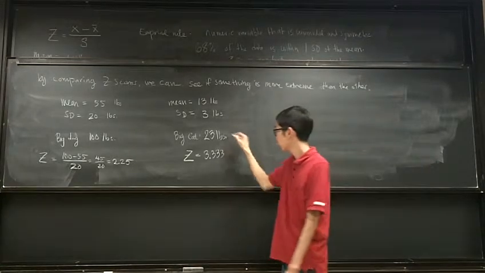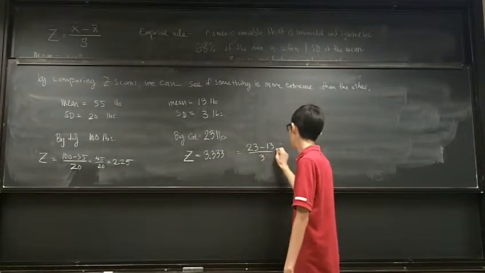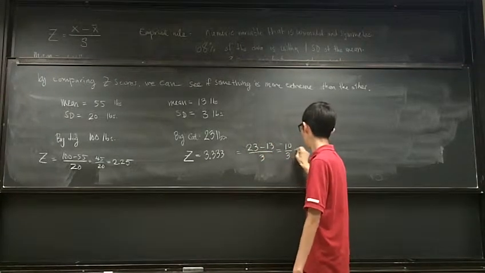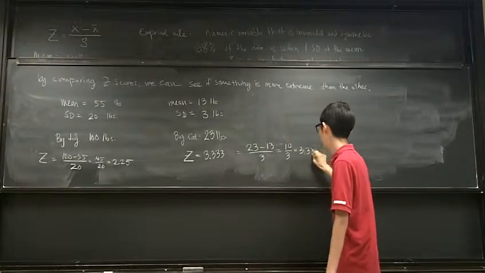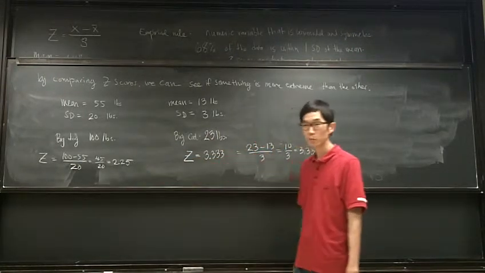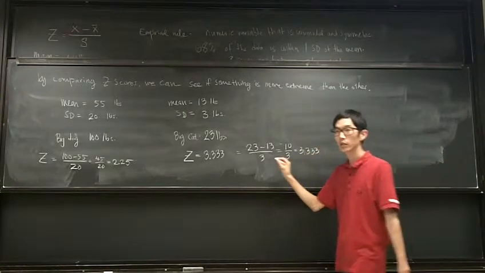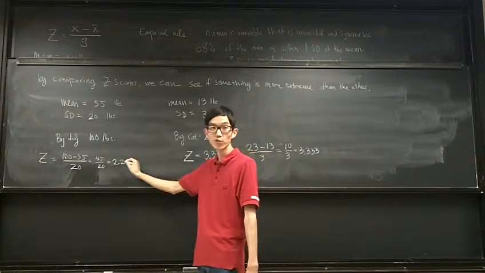So here I just did 23 minus 13 divided by 3, 10 over 3, 3.333. And over there, 100 minus 55 over 20, 2.25. So here I've got a z-score of 3.33 and a z-score of 2.25.